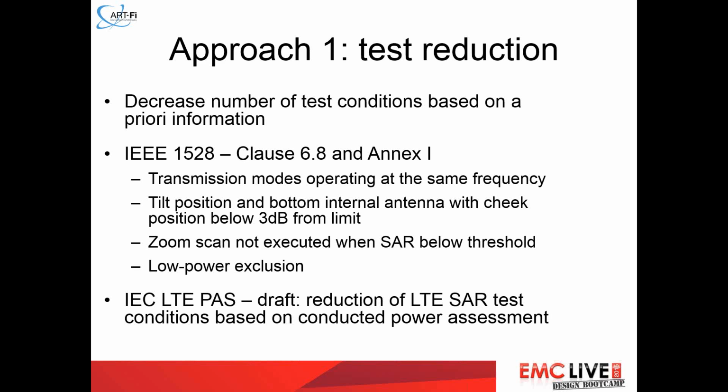But the tilt is a more loose position where the device would be tilted by 15 degrees and not touch the cheek completely. When you have the antenna built in the bottom of the device, clearly in a large majority of configurations, the close contact condition, the cheek condition, will give a much higher SAR than the tilt condition. And we have other examples like this described in the standard.